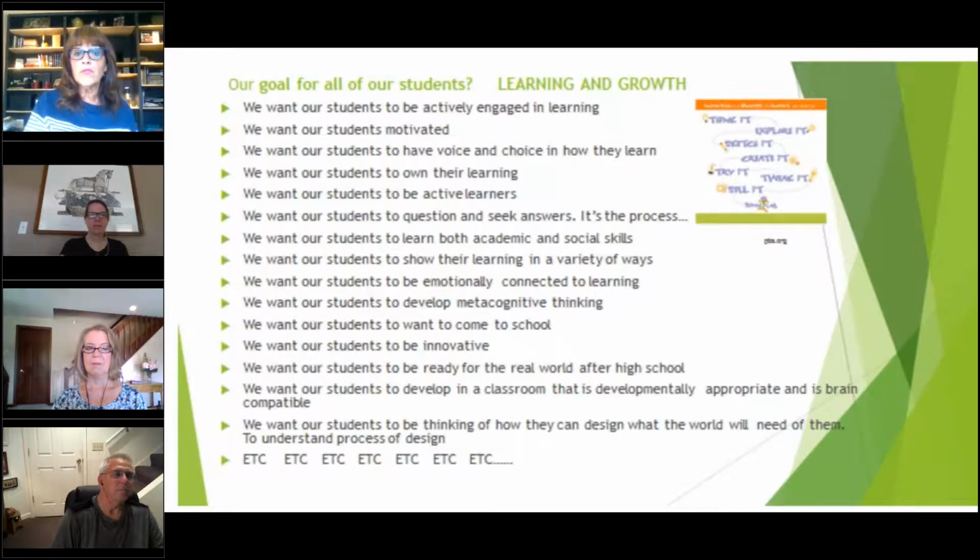So back to our goals that I mentioned at the beginning, and again, I'm thinking these are universal, whether you're a kindergarten teacher or you're teaching 12th grade students, that this is what can work with your students. We can actively engage them. We can keep them motivated. They can own their learning. They get some voice and choice. They can ask questions and seek those answers and use sketchnoting as part of that learning process and that investigation and inquiry questioning process.